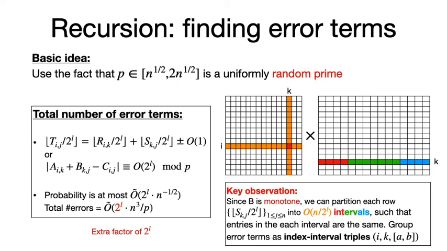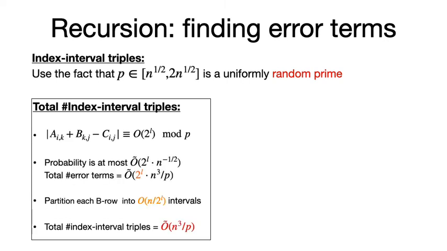The key observation is that since B is monotone, we can partition the rows into n over 2 to the L intervals, such that each interval shares the same value. Then we can group these triples together. In other words, although the number of triples is larger by a factor of 2 to the L, this extra factor can be cancelled by grouping intervals.